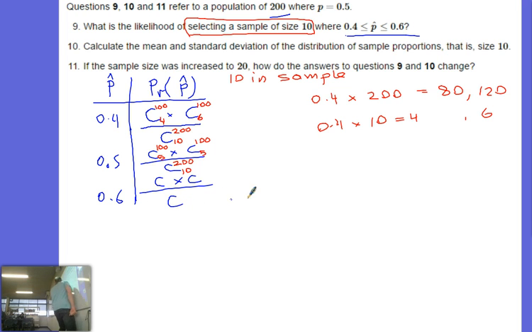Yes, very good. Opposite of the first one. So from 100, now we've got 6, 4, over 200 choose 10. So that gives you all the calculations you've got to do of the expressions of combinations in order to work out the probabilities of each proportion.